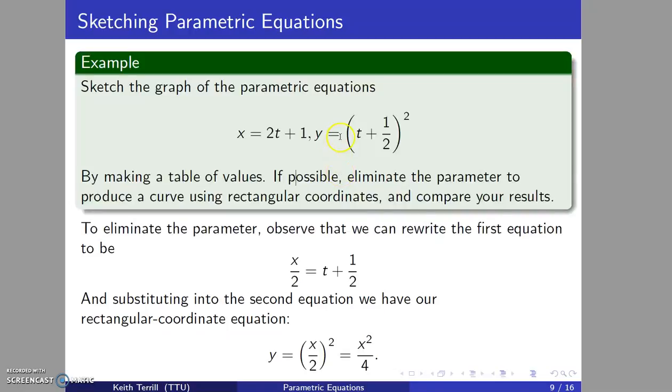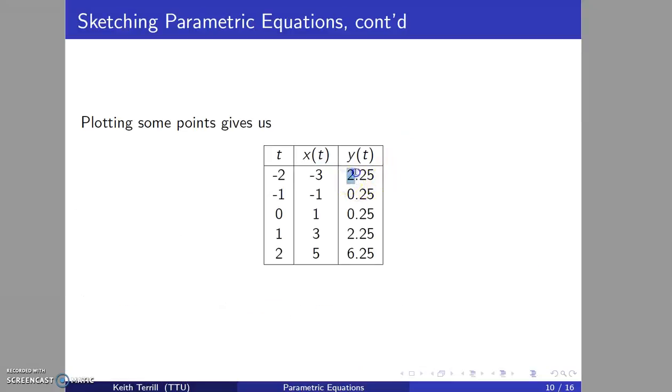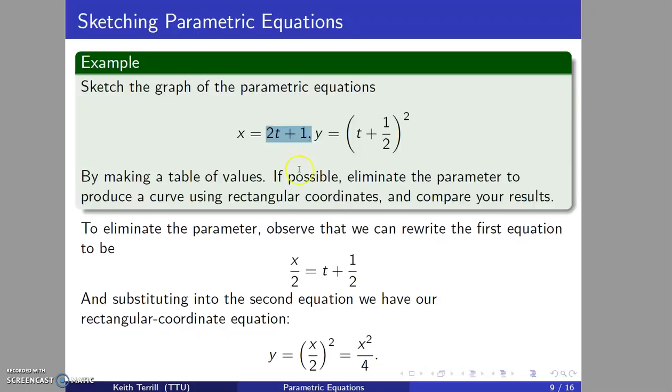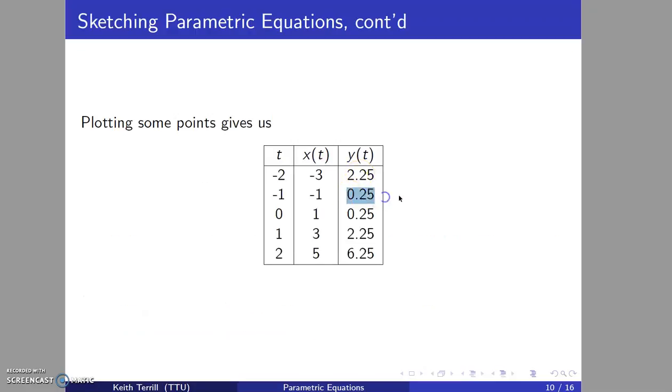Put -2 in for t, for y, that's going to be -2 plus 1/2, that's -3/2, which squares out to be positive 9/4, 2.25. And then doing it for -1, that goes into the x equation, so that's -2 plus 1, that's -1. And then -1 goes in for the y equation, and that should end up giving you 1/4.